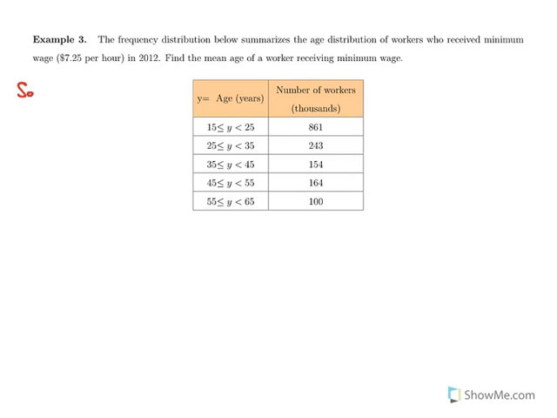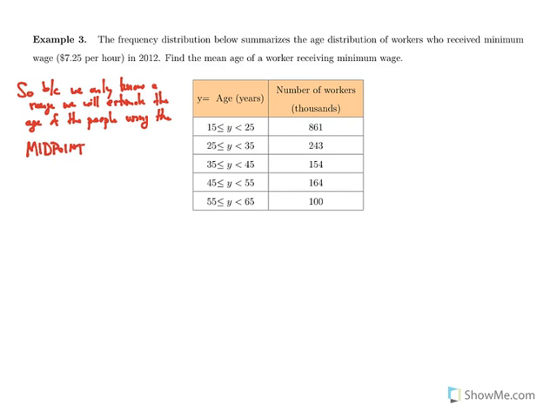So because we only know a range, we will estimate the age of the people using the midpoint of each range.